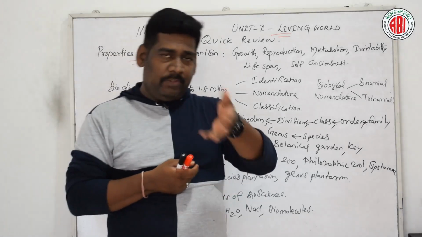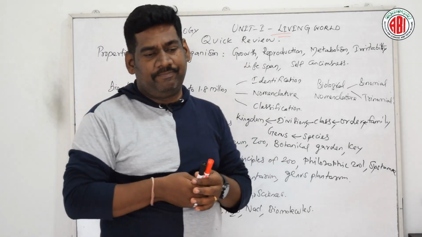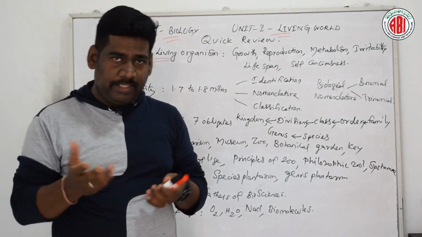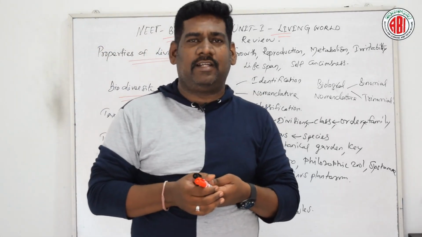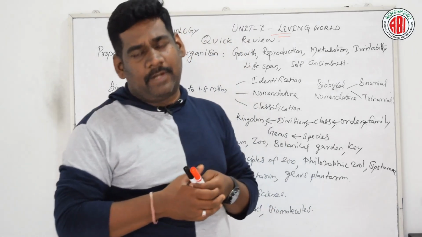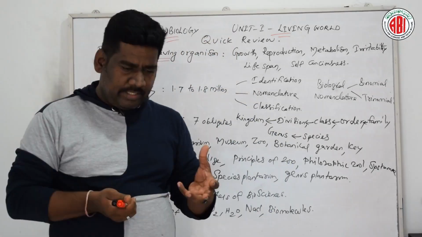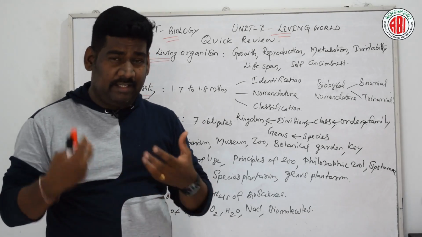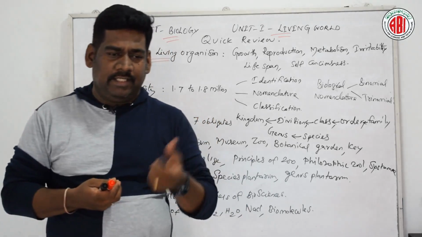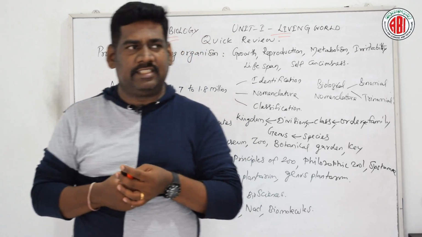When we talk about adaptation, any living organism that can adapt itself according to the external climatic conditions is considered to show adaptation. Based on that, organisms develop their own physical characteristic features, like aquatic organisms whose limbs are modified into flippers. You can see that in the penguin, seal, walrus, such types of organisms.